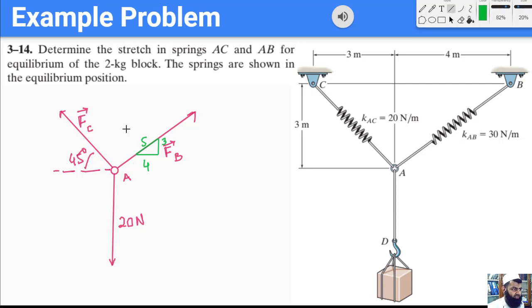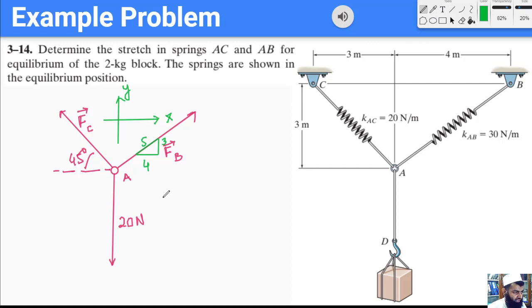Next step, as we discussed earlier, we need to draw an axis. So these are our axes. So this is the x-axis and this is the y-axis. Okay. Next, I would write the equations for equilibrium. This is exactly like what we did before, so I am going to do it rather quickly.